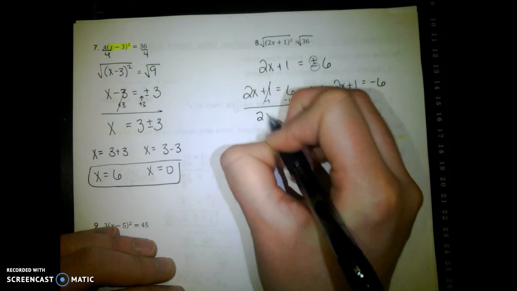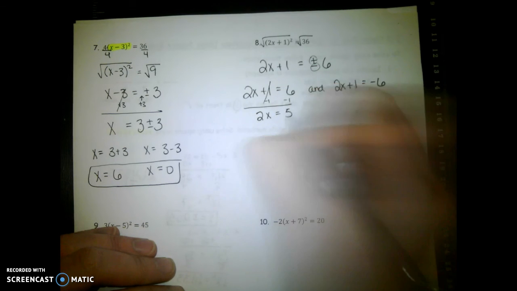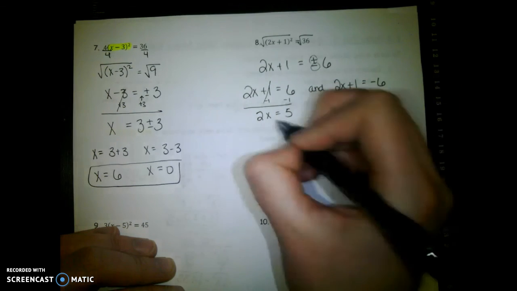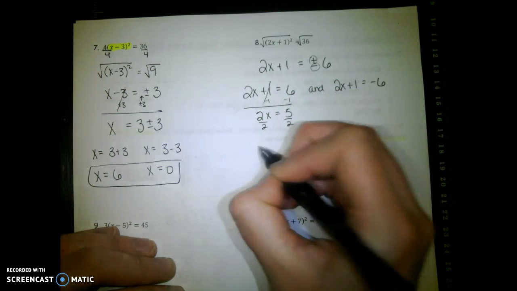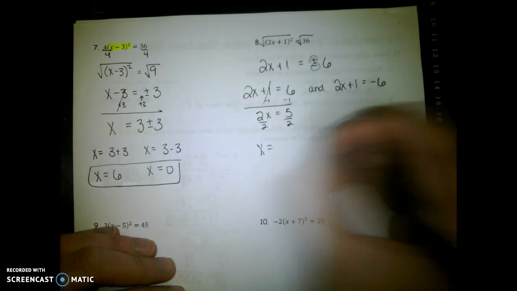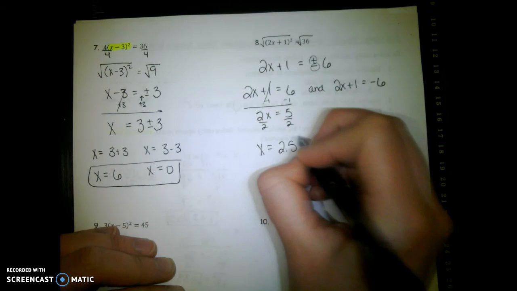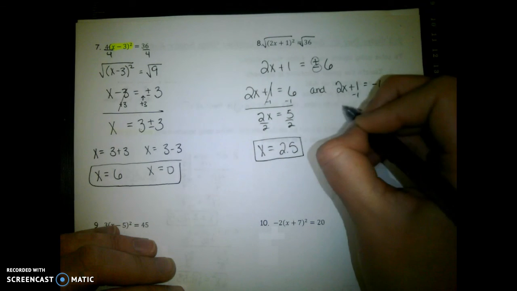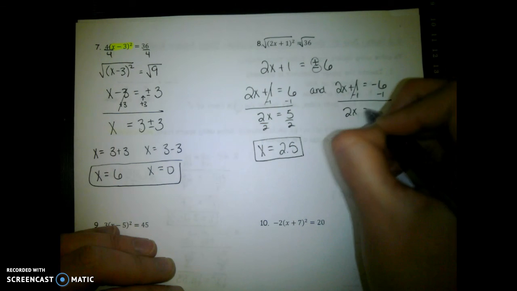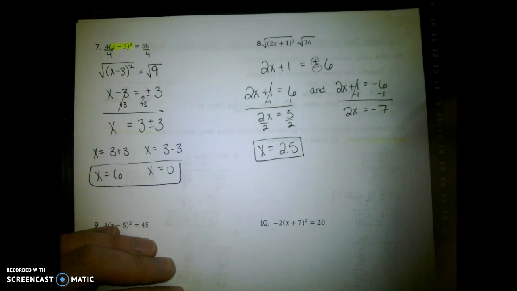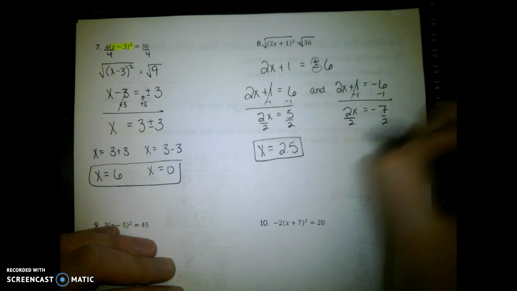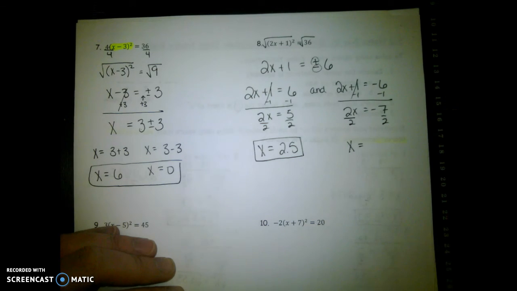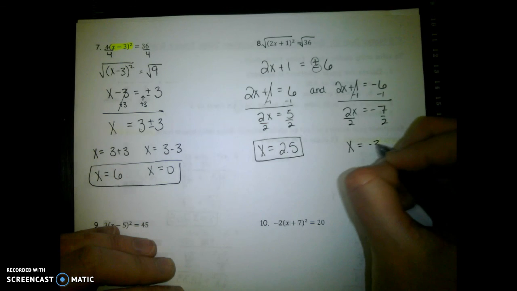So 2x would equal 5. Five divided by 2 is 2.5. Negative 7 divided by 2 is negative 3.5.